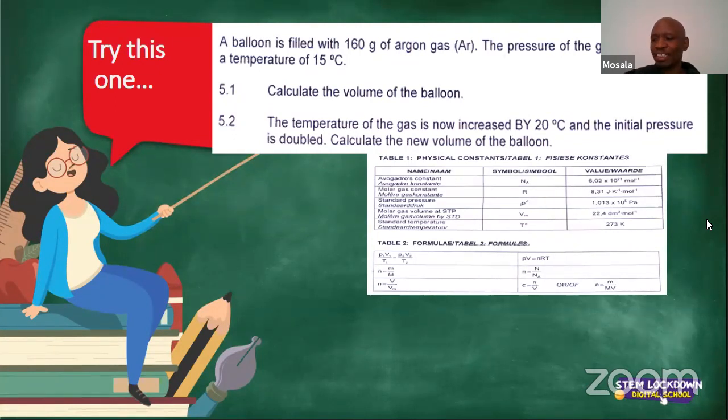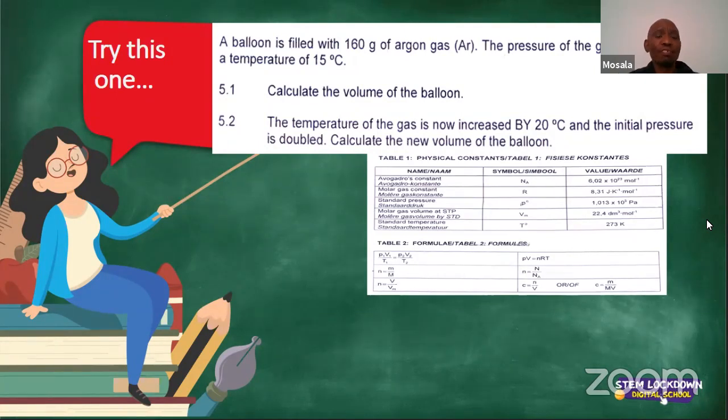So the pressure will be moving from 120 to 240 kilopascal, and the temperature will be moving from 15 degrees Celsius to 35 degrees Celsius. So those are the changes in 5.2.